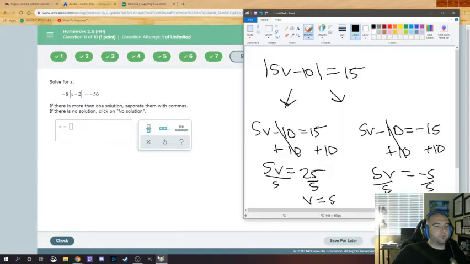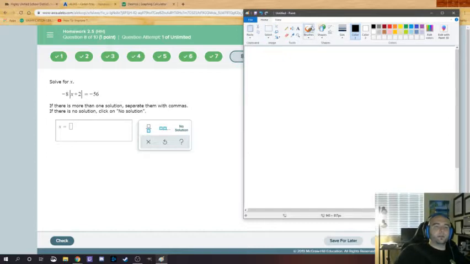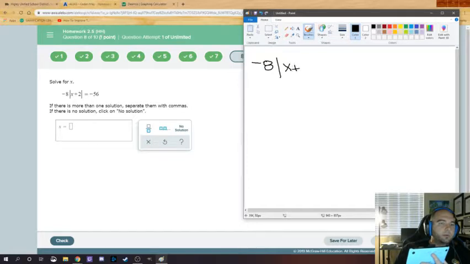All right, another one. Now we're slightly altering the problem here. So on this one, we have negative 8 times the absolute value of x plus 2 equals negative 56. Now, here's the deal.